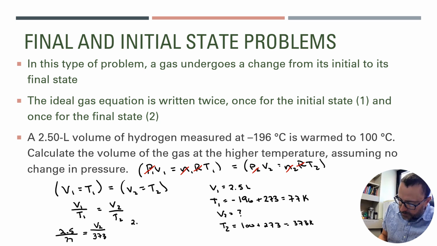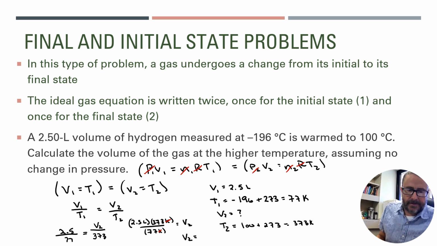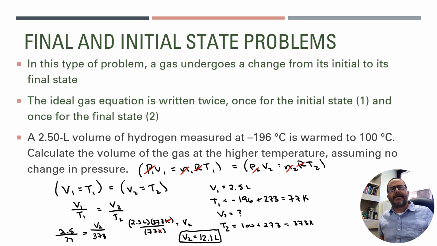Or 2.5 liters times 373 Kelvin over 77 Kelvin is equal to V2. And so our new volume then is going to be 12.1 liters.